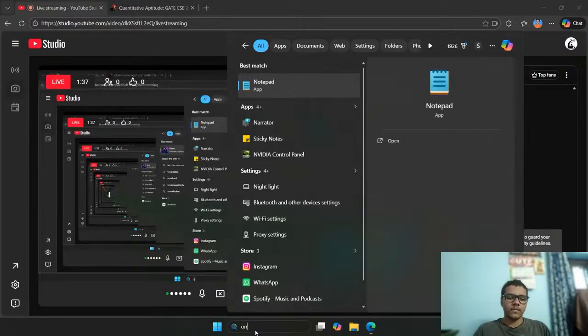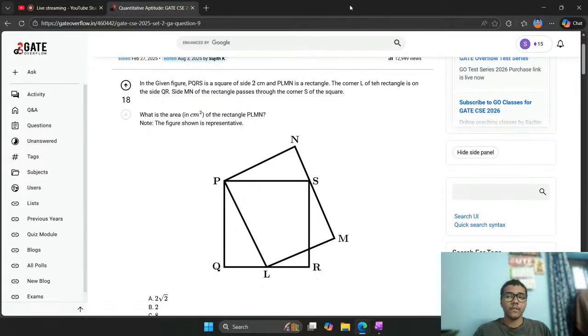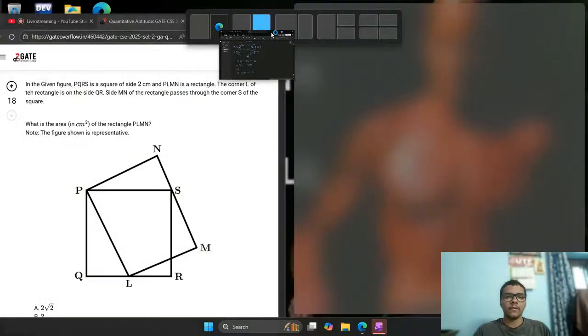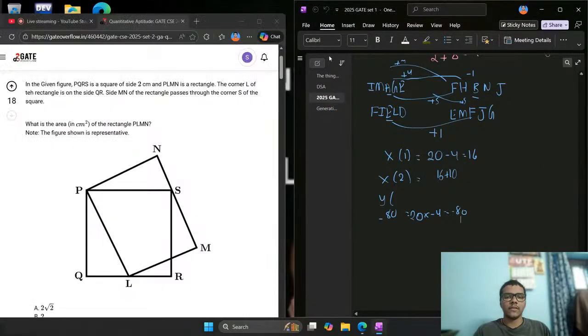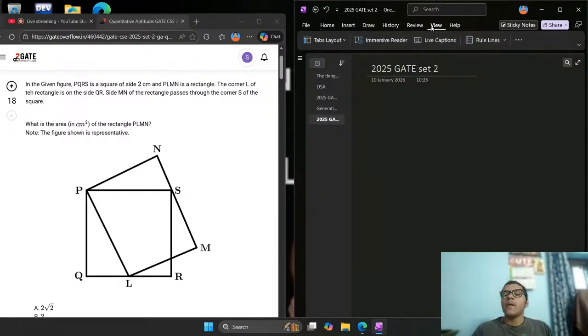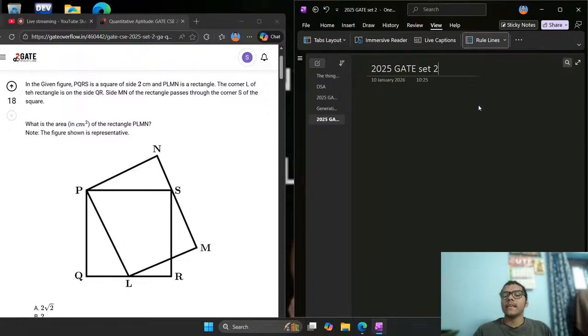Let's open OneNote. Right, and let's continue. So we will take a new sheet today. 2025, it says Set 2. How about that? Let's put some rule lines, grid lines. They work out.